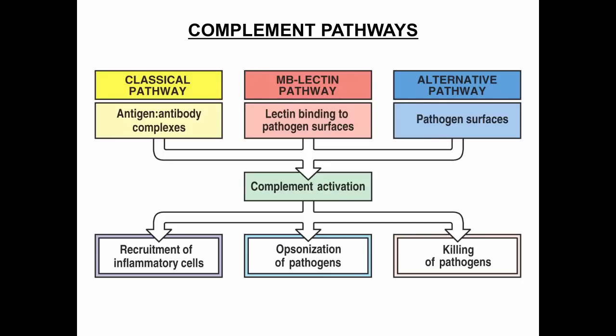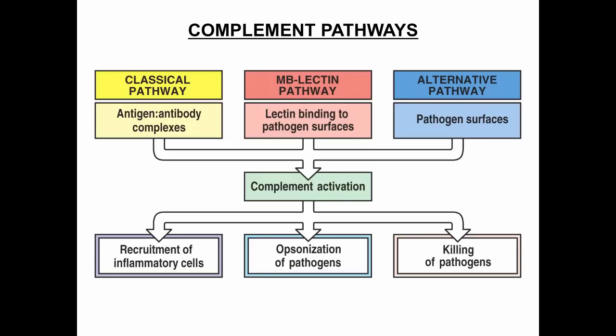The lectin pathway is dependent on complement components binding to carbohydrate residues on the surface of microbes. And the alternative pathway is again dependent on different complement components interacting with pathogen surfaces, largely because of the charge characteristics, negative charge characteristics of the cell walls associated with microorganisms.